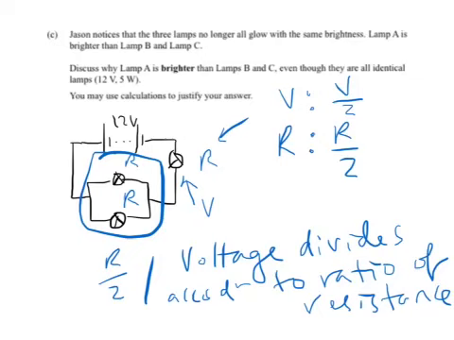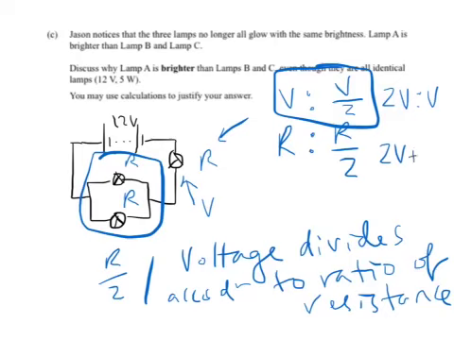So if it's 12 volts, as we know, you can treat this kind of like an equation, and you can say that 2V, I'll just rearrange it, 2V plus V has to equal 12. So 3V equals 12, so V equals 4 volts.